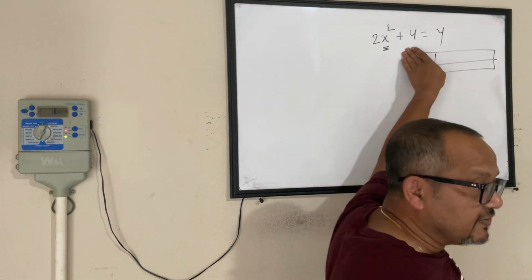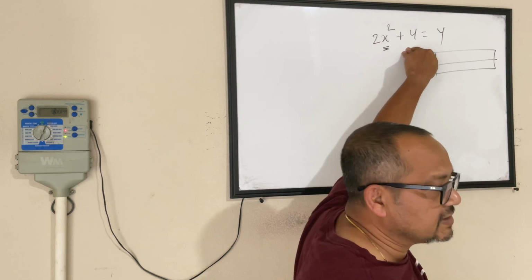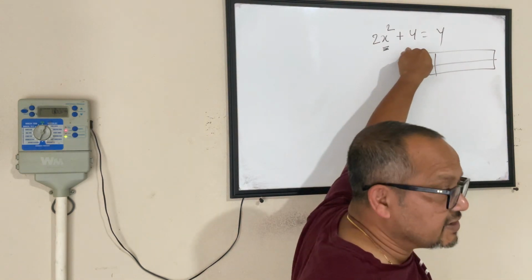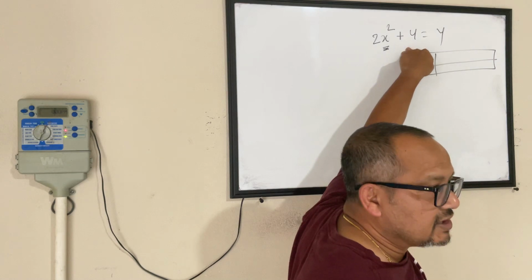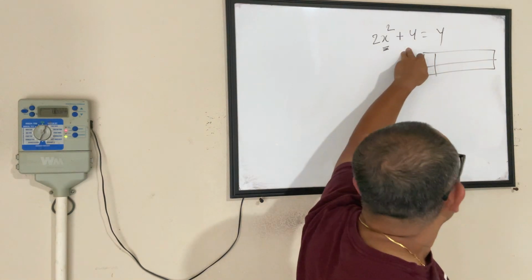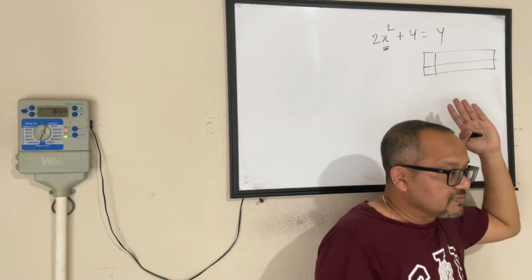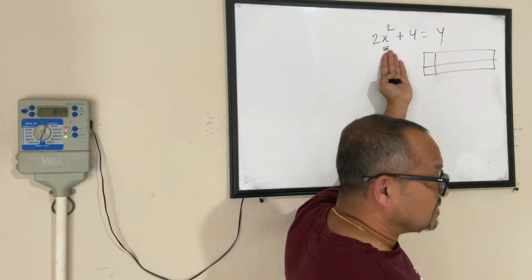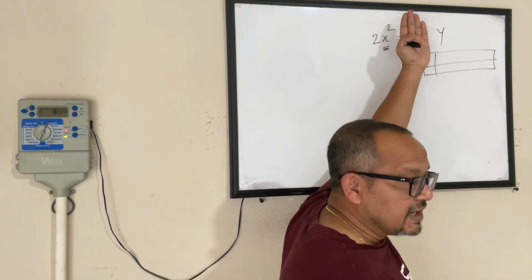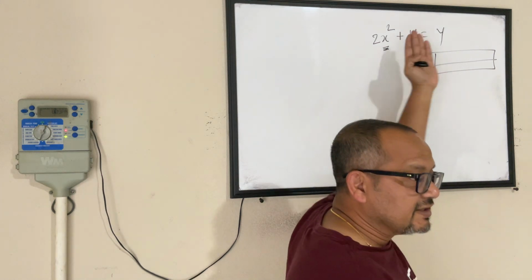Any equation for that matter, be it a linear equation, a quadratic equation, a cubic equation or whatever, is nothing but a contract, an agreement between the variables. It says I am x, take the square of x, multiply that by 2, add 4 and that becomes Praneeth.